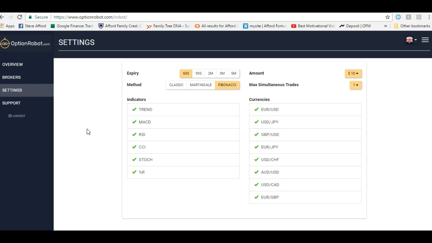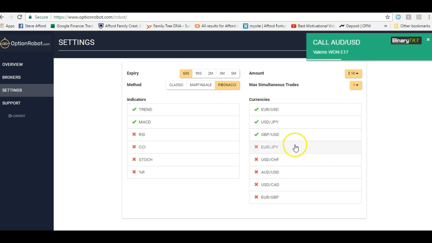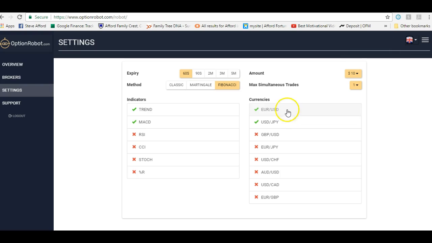That might take a bit of testing, but what I'm going to do is give you my own recommendations for settings. Preferably, now that we're in settings, click all these off, and you only have these two indicators going, MACD and trend. At the same time, I suggest you take all the currency pairs off, and you'll probably only have one or two going for you.